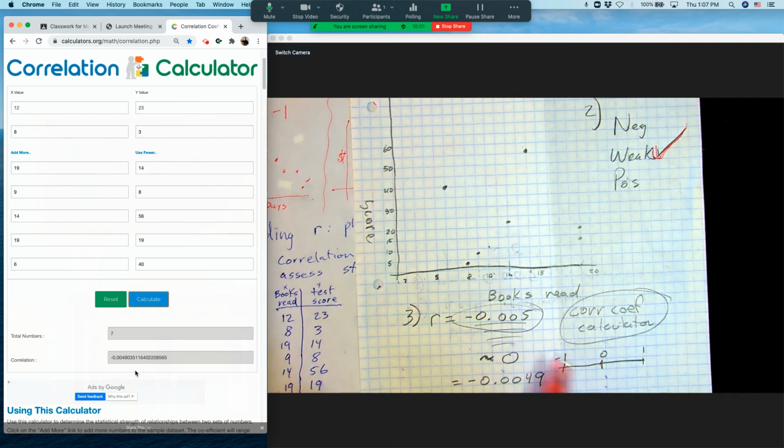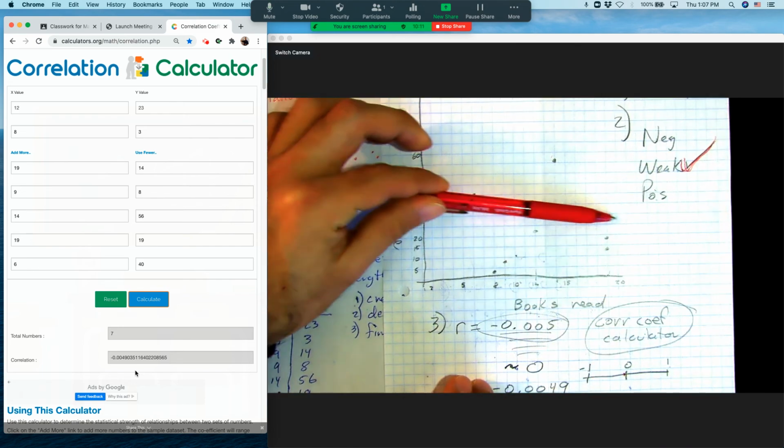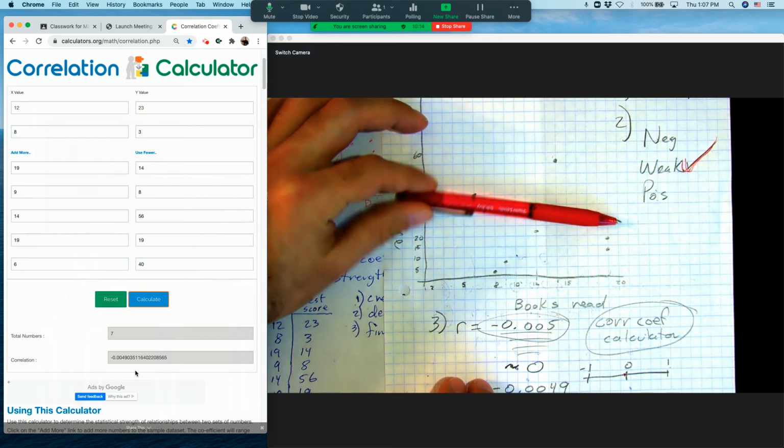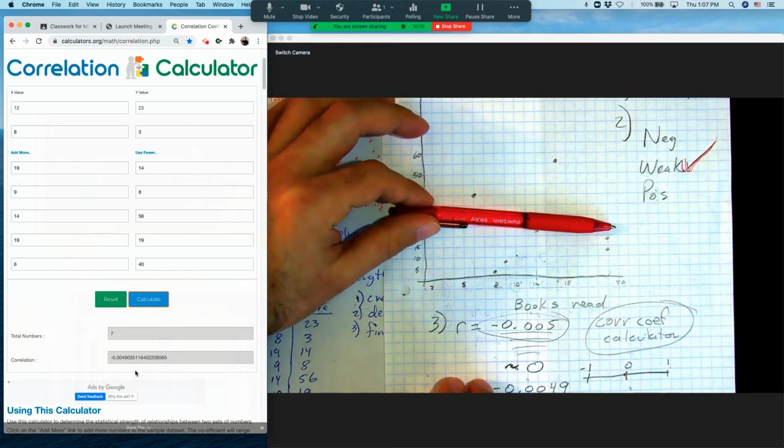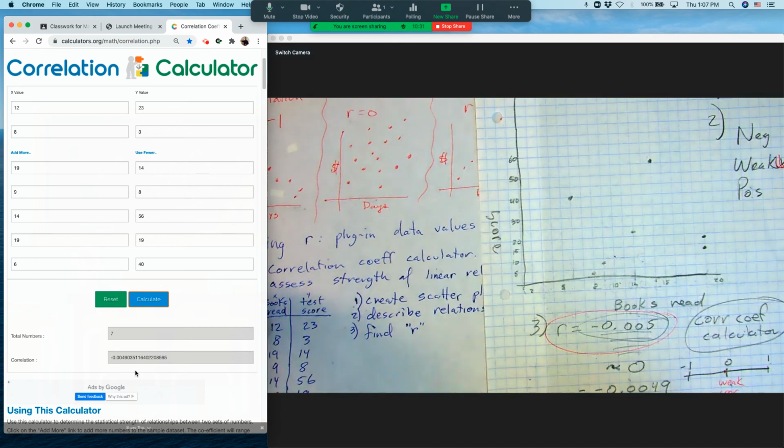Here's 0, here's negative 1 to 1, and it's right there, just barely negative. So it's so close to the middle that we can say it is definitely a weak correlation. Our R value is so close to 0 that we're going to call it a weak correlation.